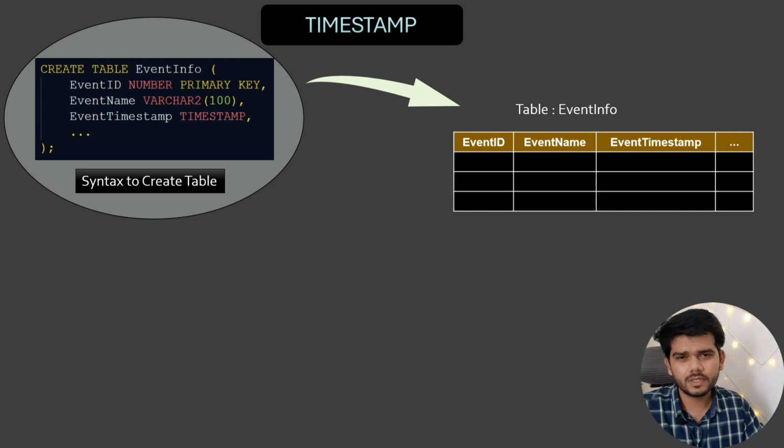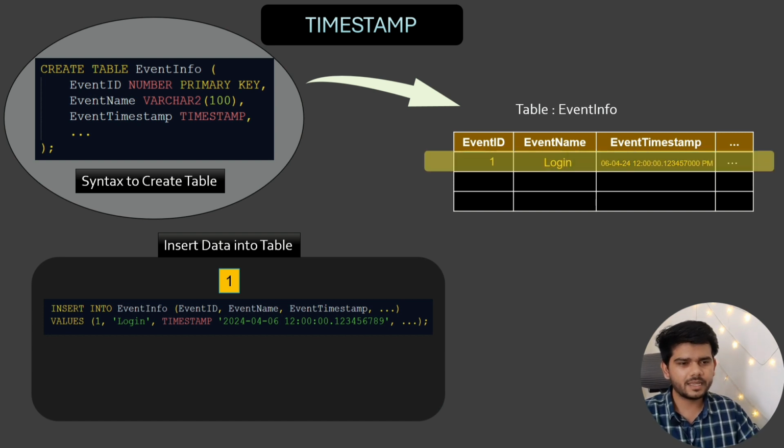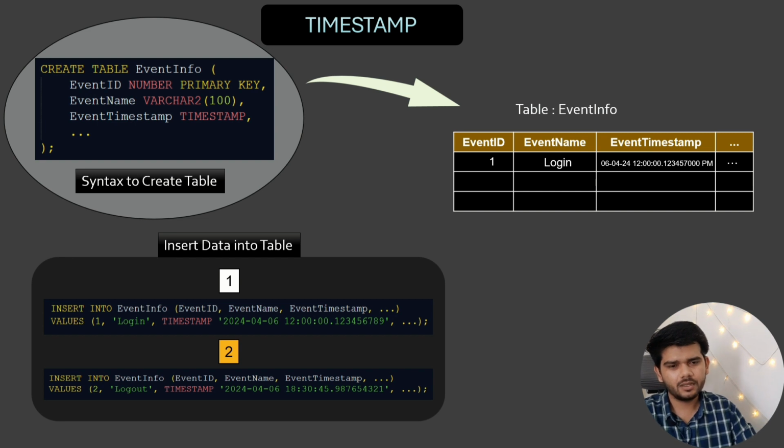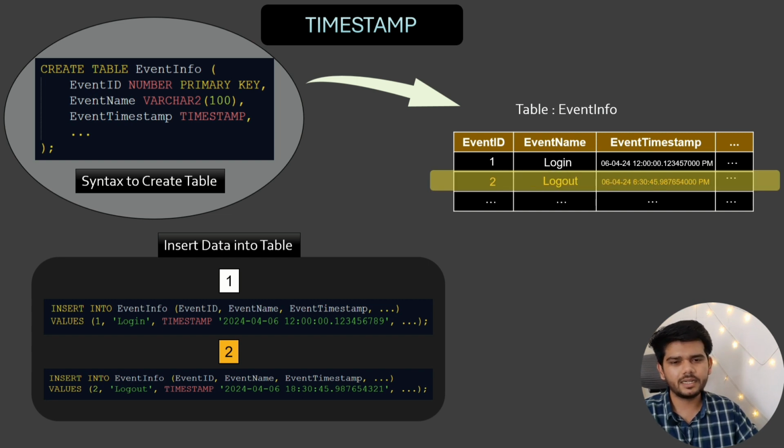With the help of this first insert statement, we can see how the data is getting inserted. After execution, we can see the timestamp data, along with the date and precise time, is inserted into the event timestamp column. Likewise, we have another insert statement to insert the next set of data. After execution, we can see the timestamp, 6th April 2024, along with the appropriate precision time, is also inserted into the event timestamp column.